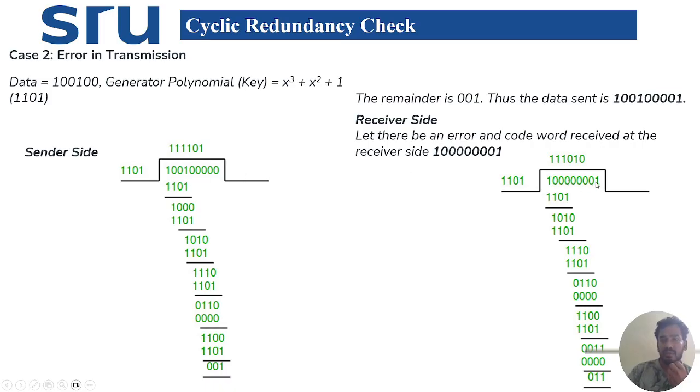Then we calculate further one by one, and the outcome or remainder is the CRC. If the value is non-zero, the data was corrupted, which means an error occurred.